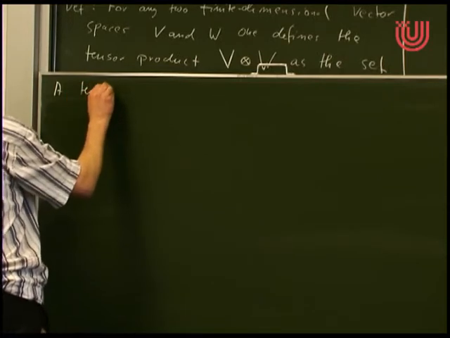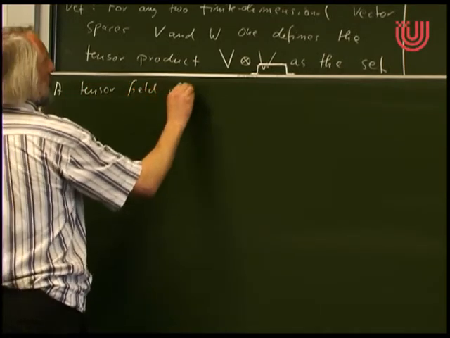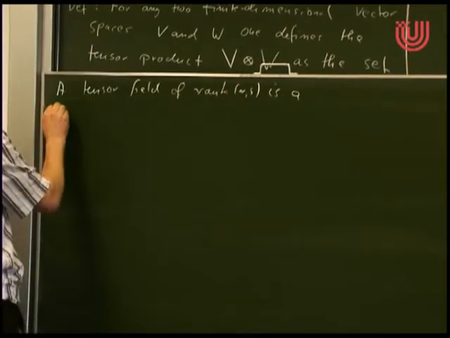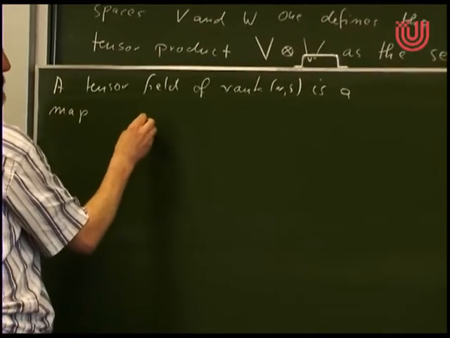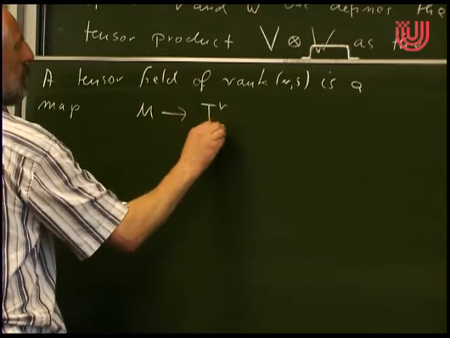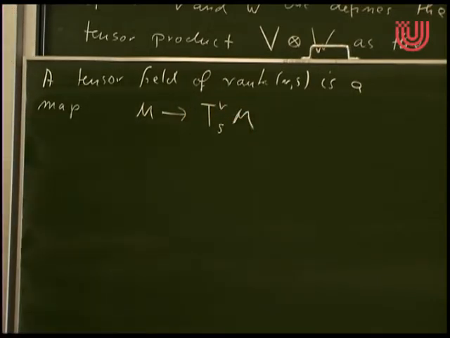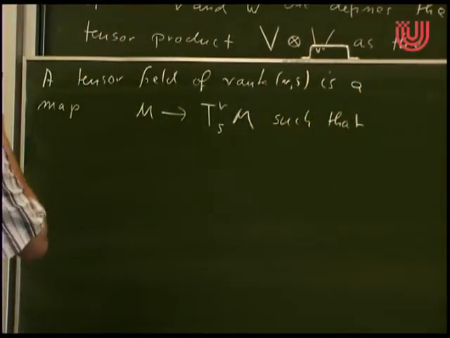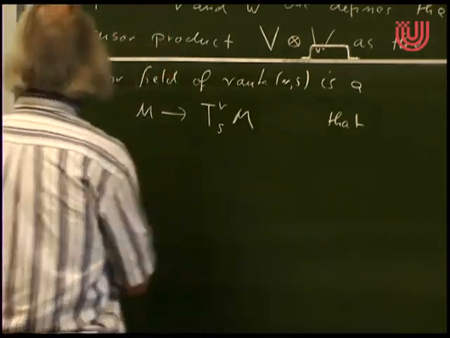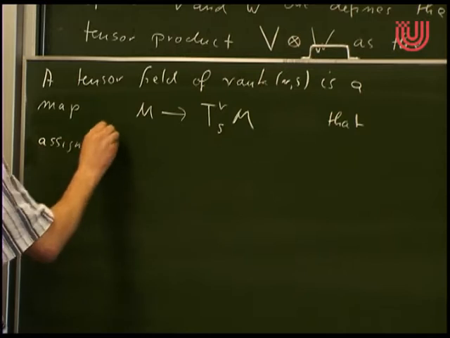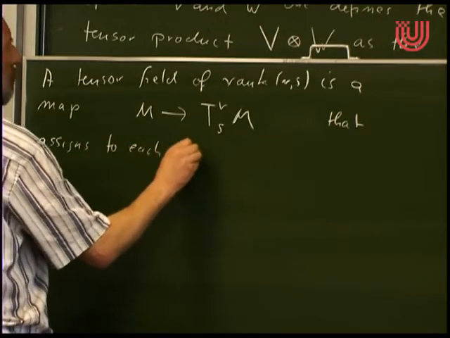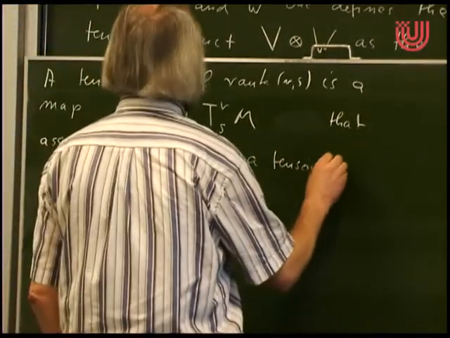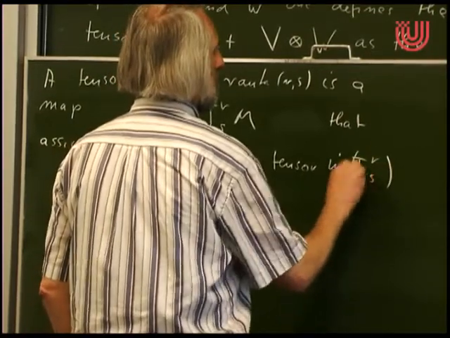A tensor field of rank r, s is a map from M into the r, s tensor bundle such that to each p in M it assigns a tensor in the tensor space at p.